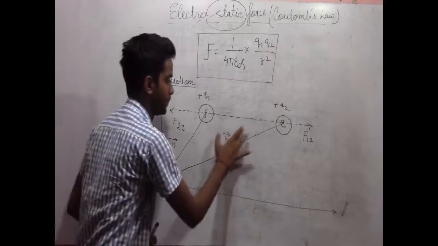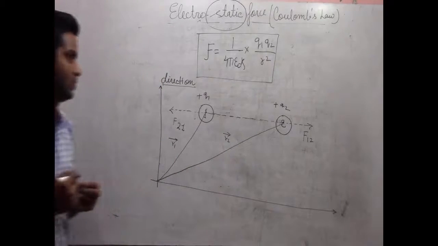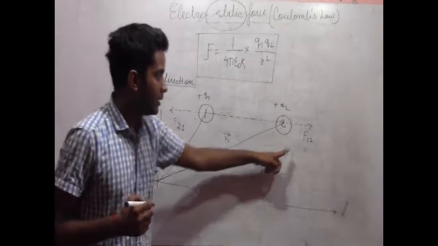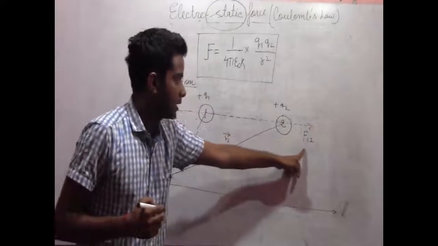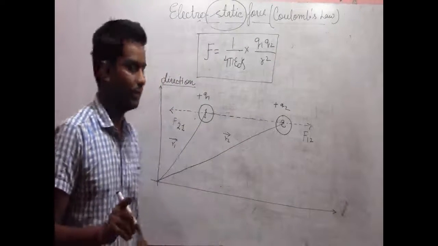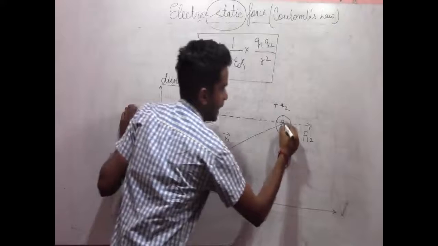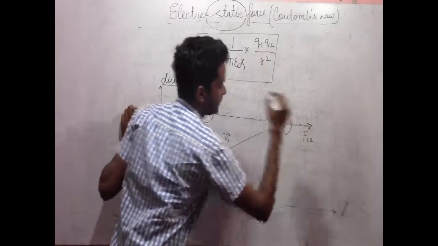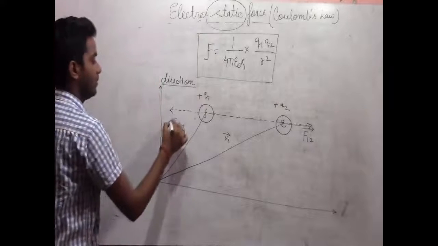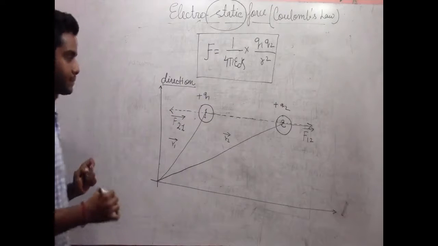Then how can you write the electrostatic force in the vector form? This is the direction of vector F12, and this is the direction of vector F21.